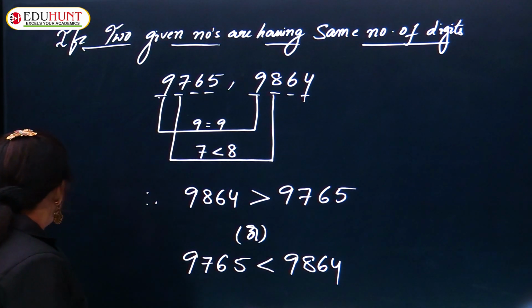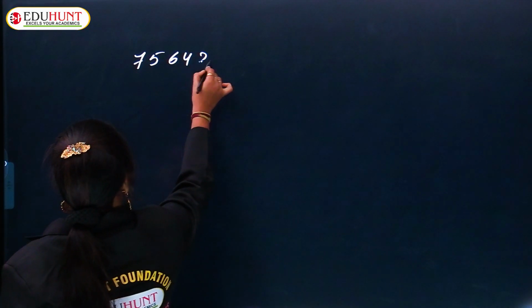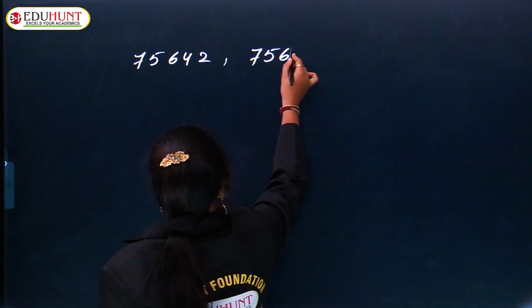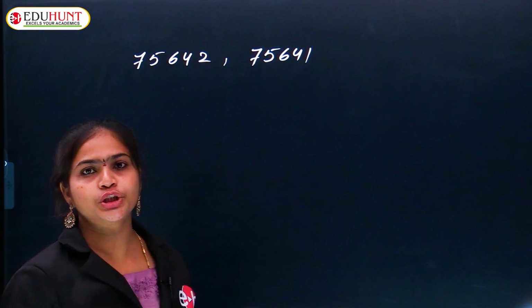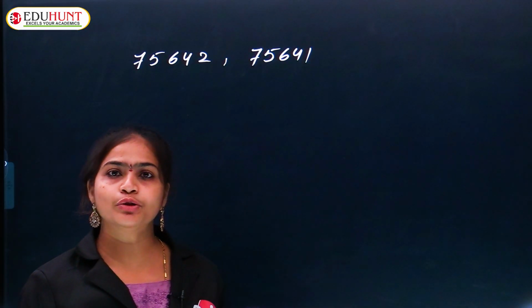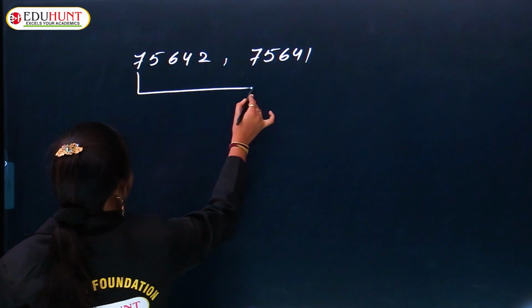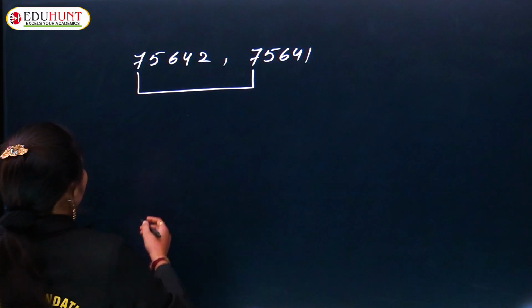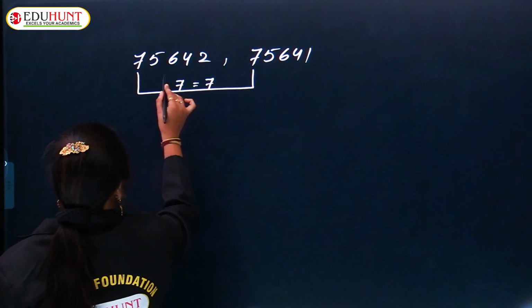Here I will give you one more number. See, 75642 and another number, 75641. Which number is greater? Which number is smaller? Again, how to check? Again the highest position, the starting digit. The starting digit is 7, and here also 7, so 7 is equal to 7.